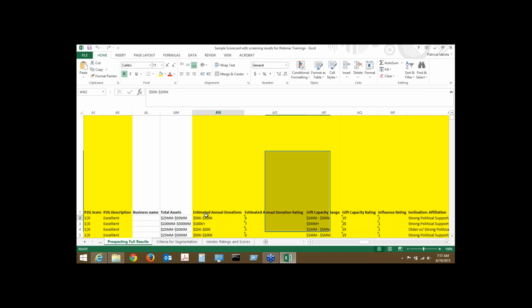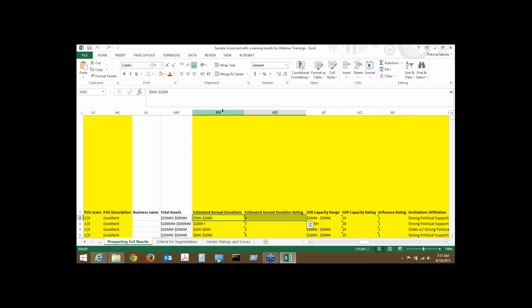If you try to look at the annual donation and gift capacity rating together, it might seem off because you're saying if somebody can give 50,000 over 1 year, then times 5, they should be able to give 250,000. But in this case, this person's rated $1 million, and that's because the Wealth Screening Company rates cash flow differently than all assets.